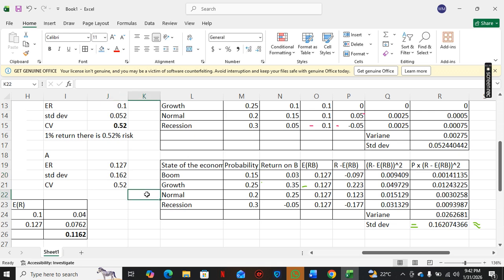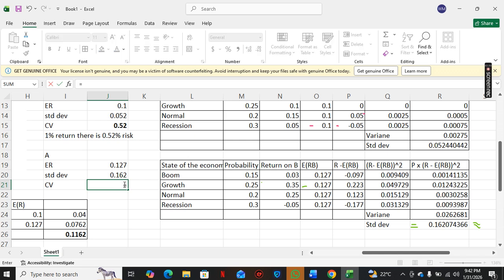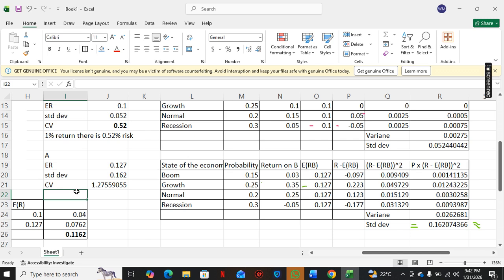Okay. Coefficient of variation, standard deviation divided by expected return, 1.27. So for every 1% return, there is 1.27% risk.